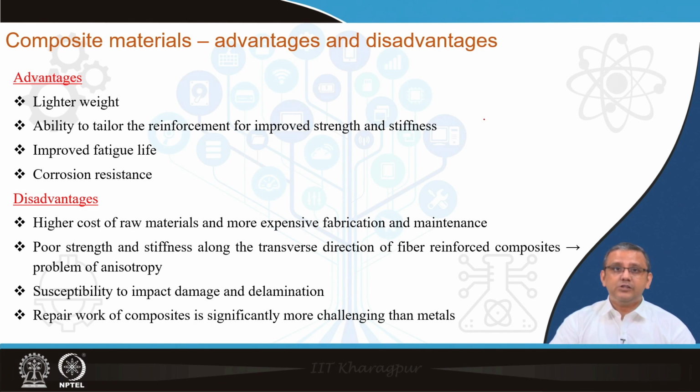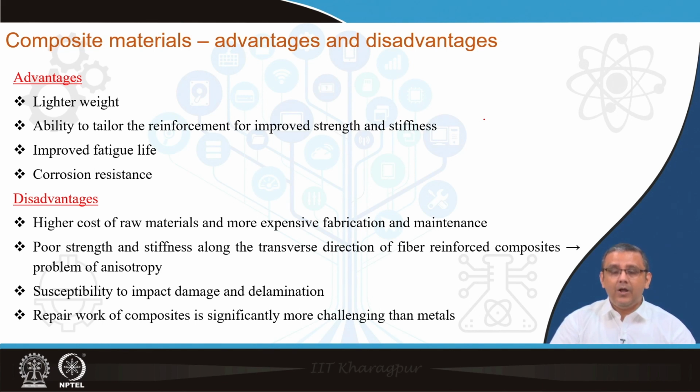If the reinforcement has a lower density than the matrix, the composite is expected to have a lower density. At the same time, the composite can provide higher stiffness and strength. That means composites are ideal for high specific stiffness and strength. They also provide the ability to tailor the reinforcement architecture for improved strength and stiffness. That means it gives us excellent flexibility.